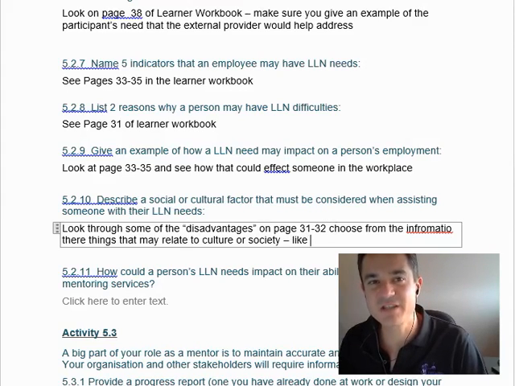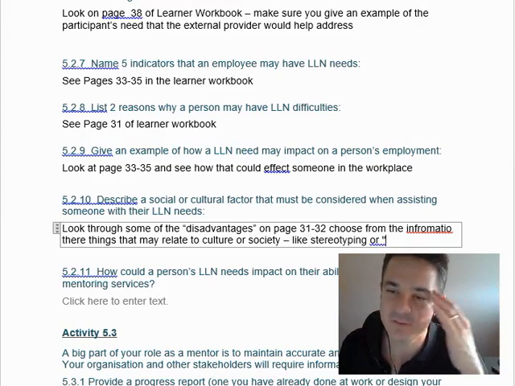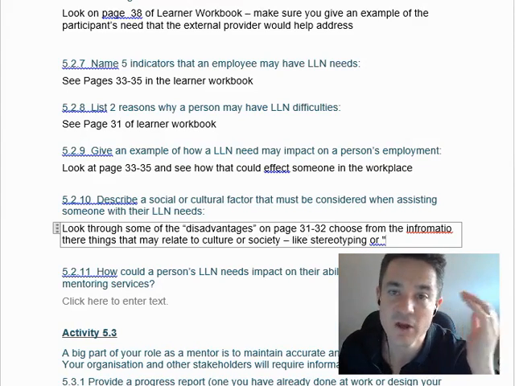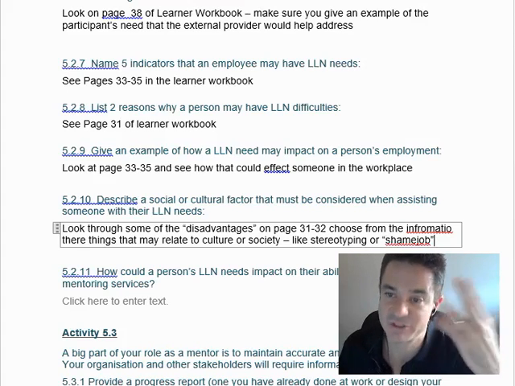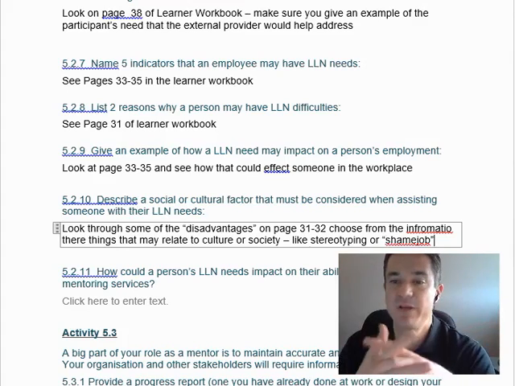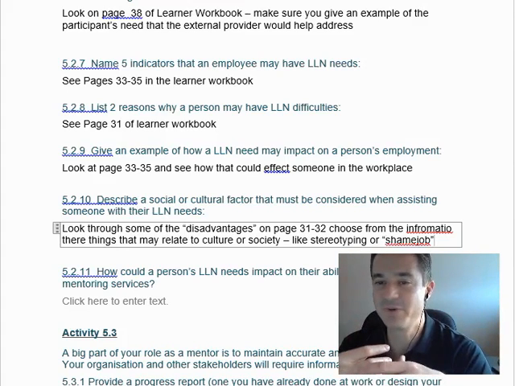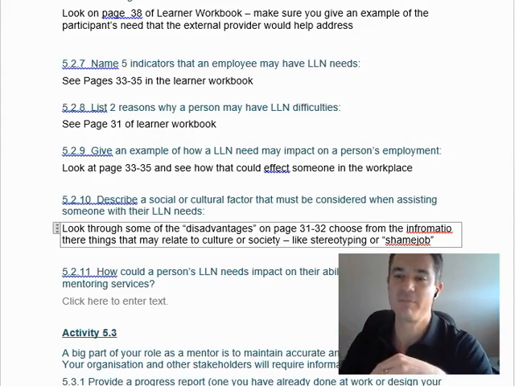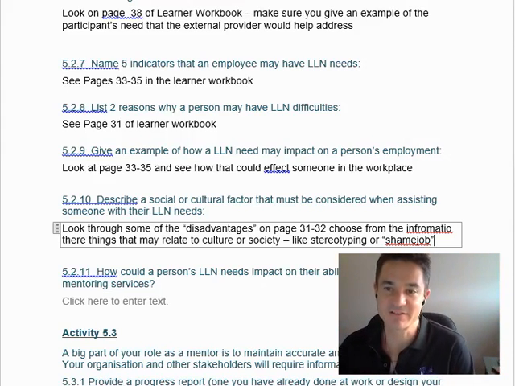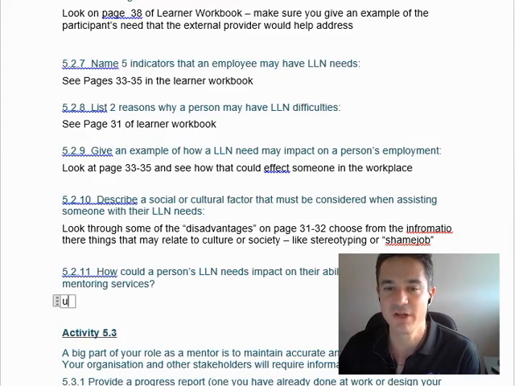But I guess you need to be a little bit intuitive there and think of how stereotyping somebody, or some people might feel like it's a shame job to talk too well, or to be able to read well, so they might not do it, or they might not want to read or write in front of you. So you may mistake them as not having the skills when they actually do have them, and they're too ashamed to do it in front of you.